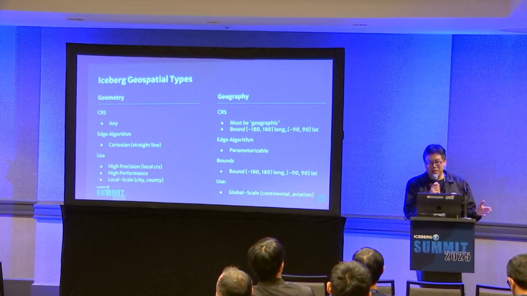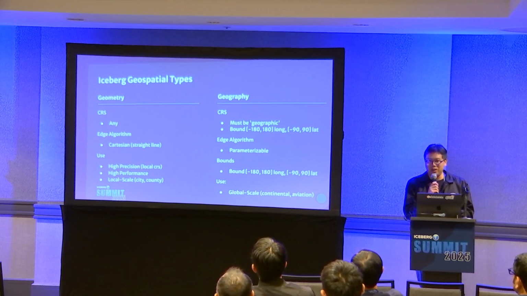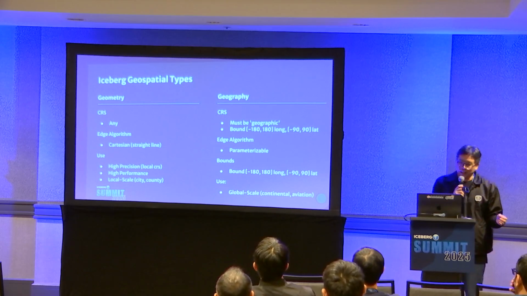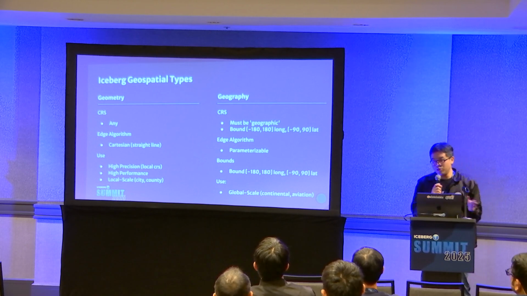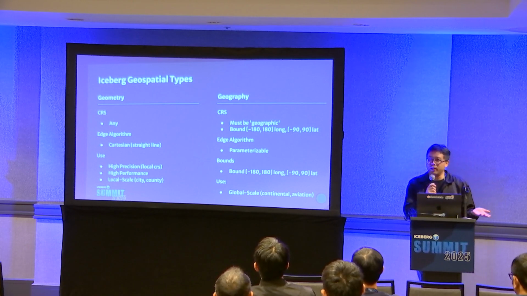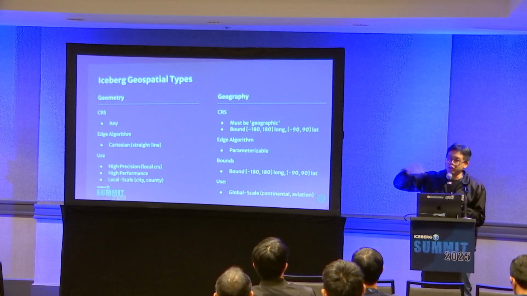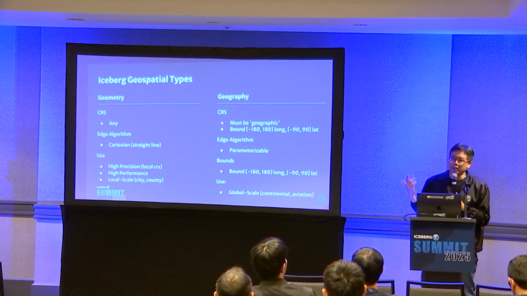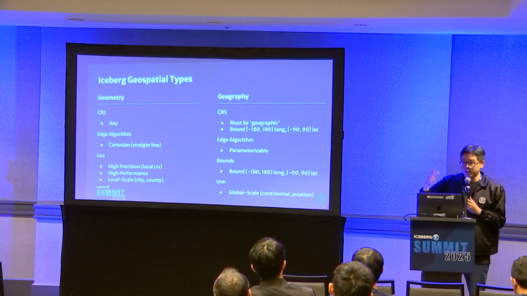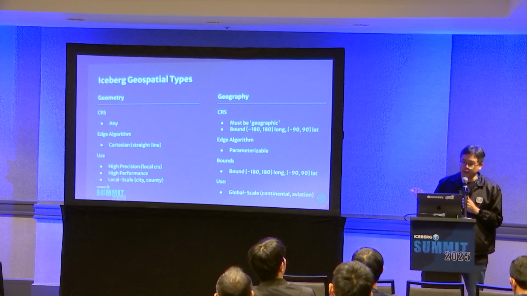Now we have two types, geometry type and geography type in Iceberg v3. And from a user point of view, I think most use cases are fine with geometry type. The straight edge is actually a good approximation for most things, most geodata, especially at the local level, like city or county.